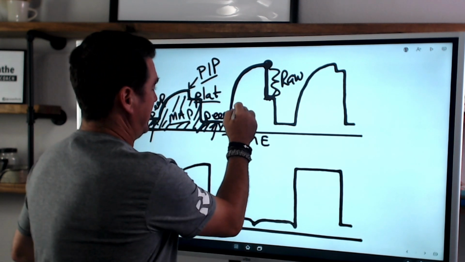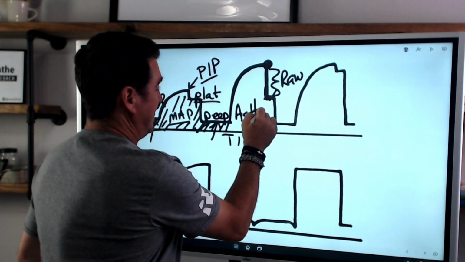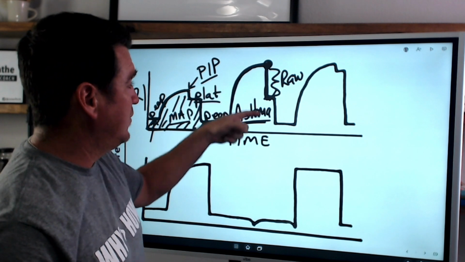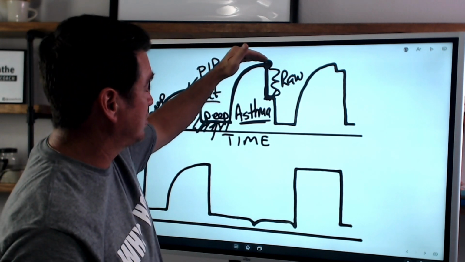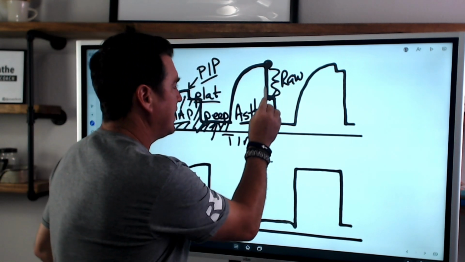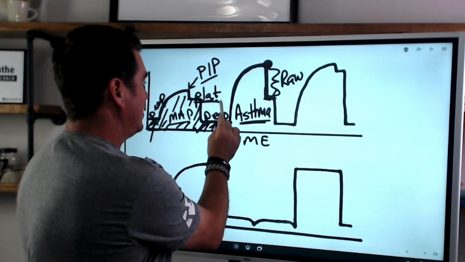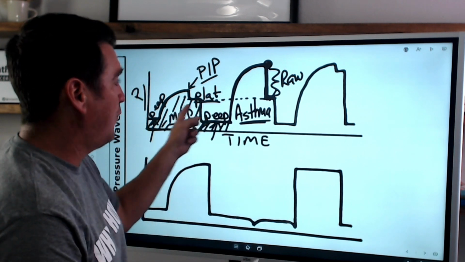This would represent a patient that maybe has asthma and they are in acute bronchospasm. That's what it would look like. You would have a high peak inspiratory pressure, but you would come down and level out to where, oh wait, the plateaus are about the same as what they were before.